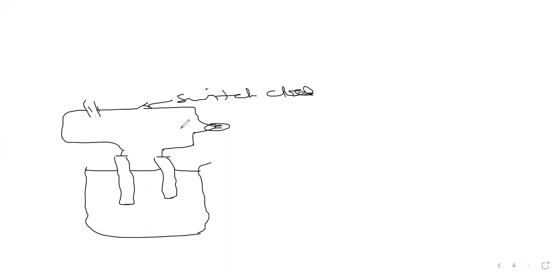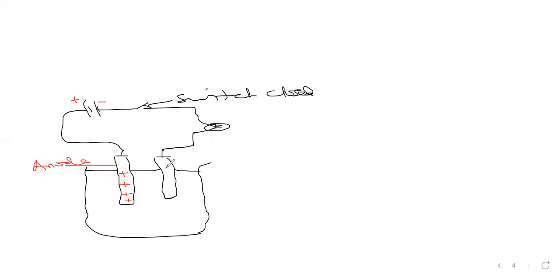The moment you close that switch, the ions that were free in solution will now try to migrate. Remember, according to this battery here, this is the positive terminal and this is the negative terminal. The positive terminal is usually connected to the positive pole, which we usually call the anode.